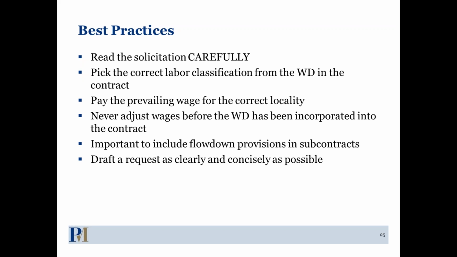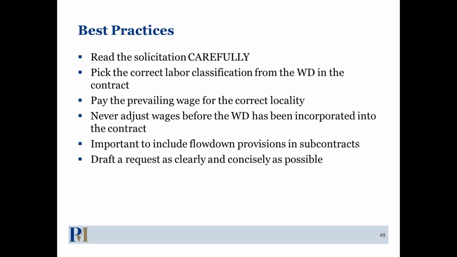You also want to make sure that you properly classify your workers and pick the labor classifications that apply to the wage determination. Remember, classification is the contractor's responsibility. You want to make sure that you pay the prevailing wage for the correct locality. These can be complicated. Make sure that if you're performing work in Sacramento, you have the wage determination for Sacramento that you're looking at.